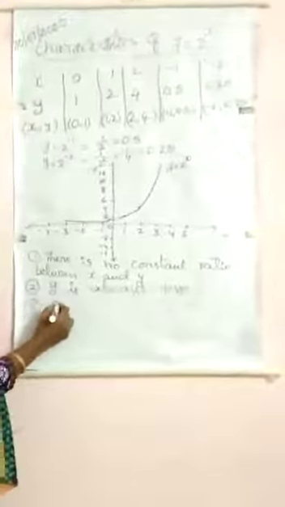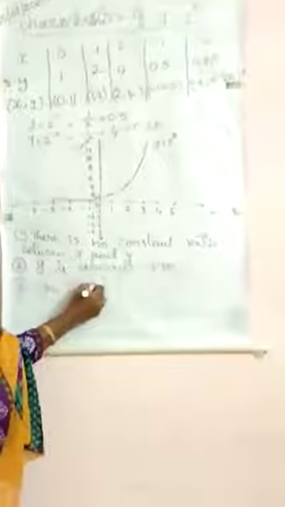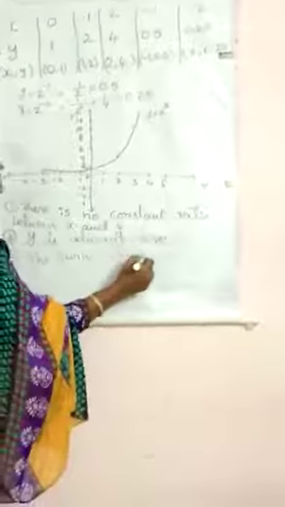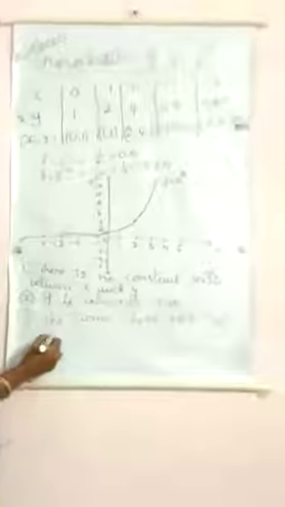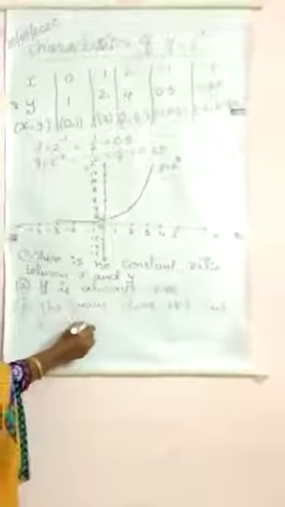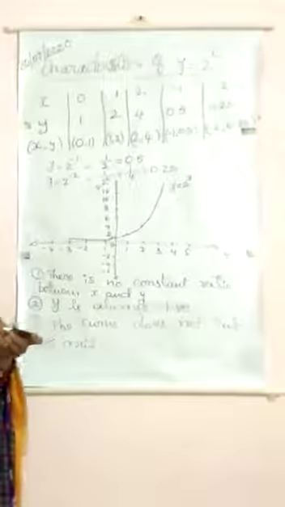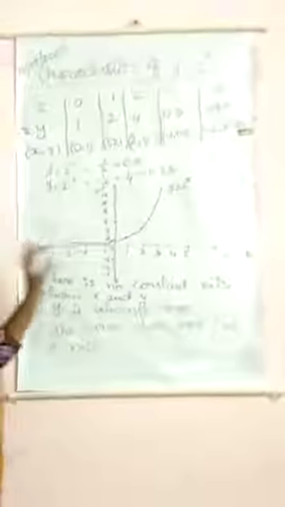And the third one is the curve does not cut the x-axis. If we take any value from 1 to infinity or negative integers, any integer, the curve does not cut the x-axis.